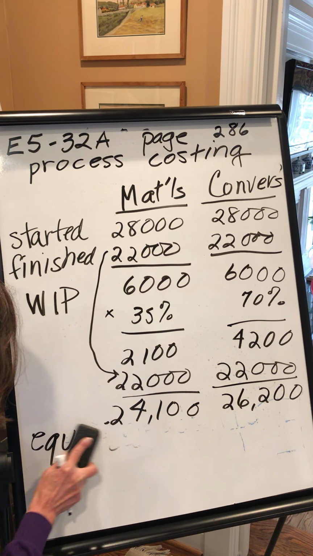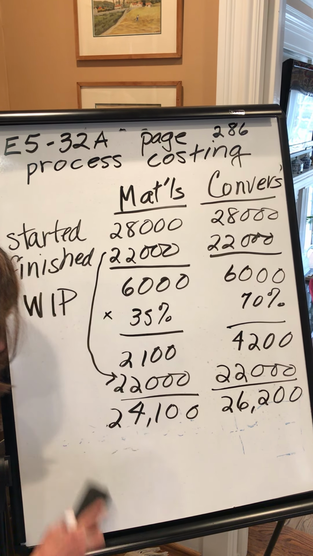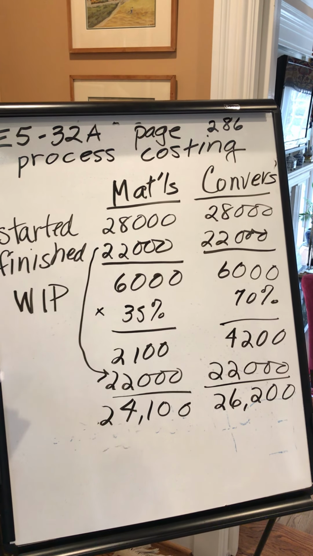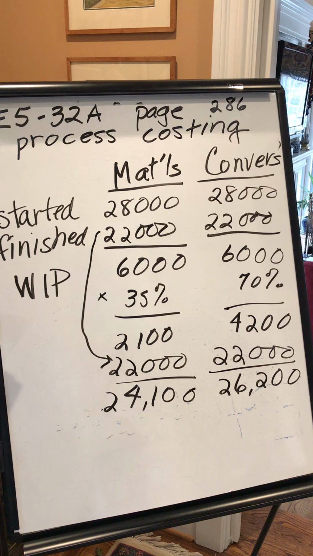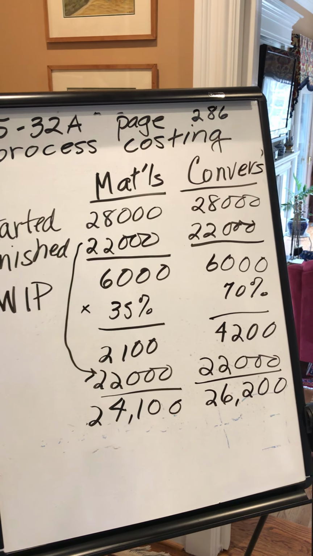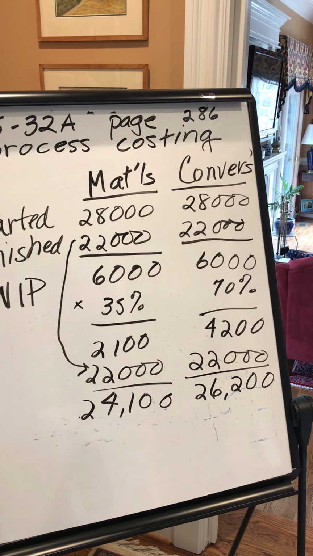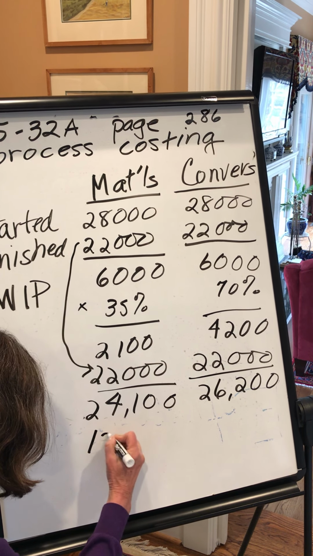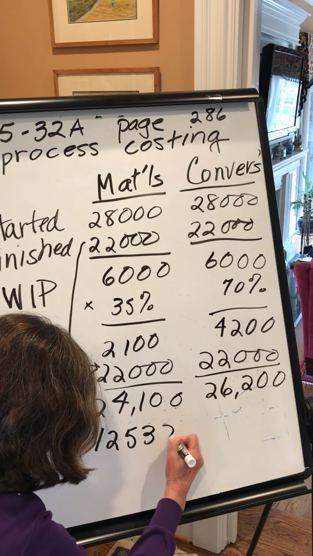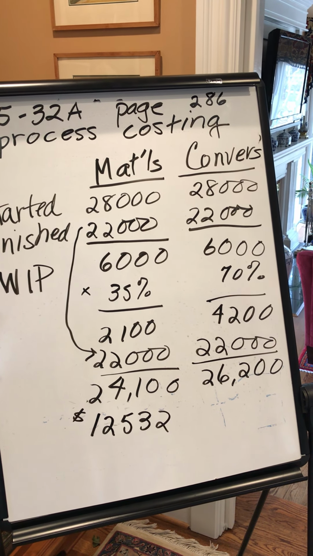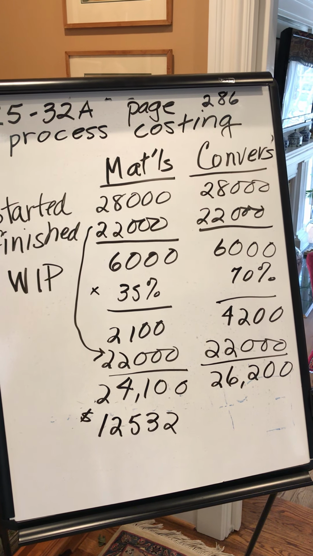Now for the money. So they tell us that they put how much in for materials during the month. They added costs of $12,000 for materials, $12,532. And for conversion costs, $28,820.